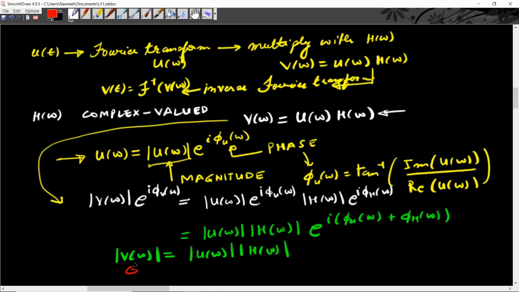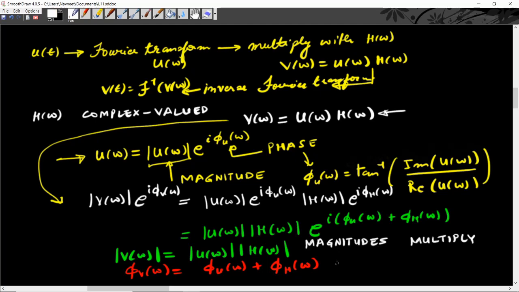Whereas the phase phi V of omega of the output signal is given by the sum of the phases of the input signal and that of the transfer function. So this shows that the magnitudes multiply and phases add up upon taking the product of the Fourier transform of two functions.